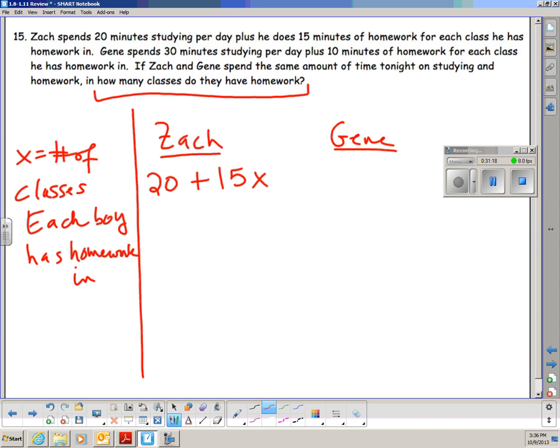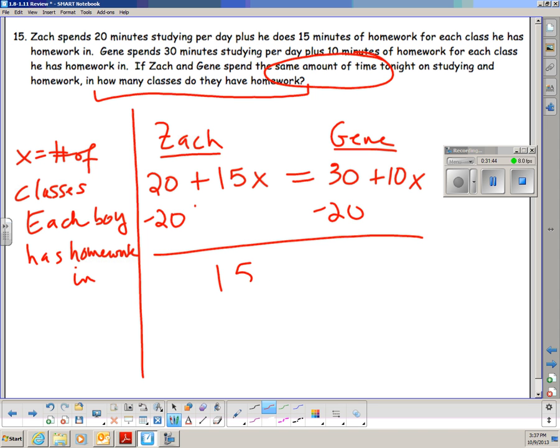Then there's Gene, similar situation. He's got 30 minutes of studying per day, plus 10 minutes for each class, 10x. Now, we want them to spend the same amount of time. So Zach's time wants to be equal to Gene's time. Now we have an equation. There's a lot of ways to solve this.